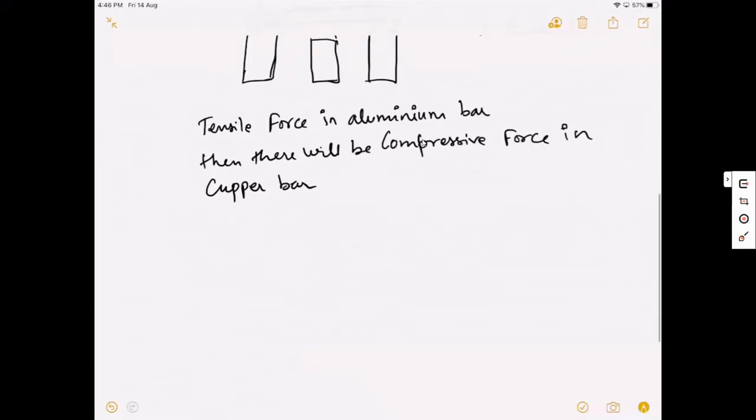So I can write that force in aluminium is equal to 2 times force in copper.